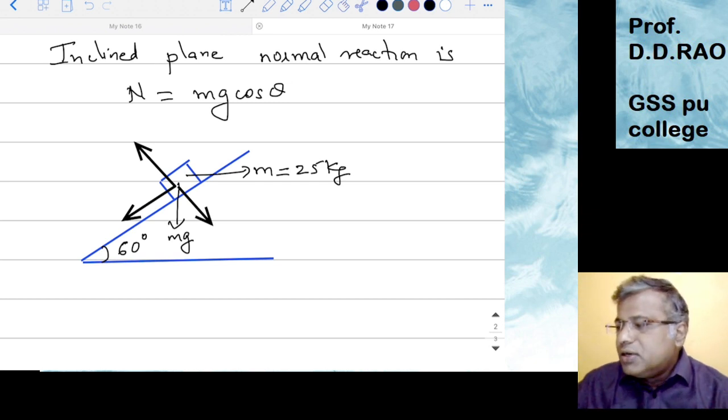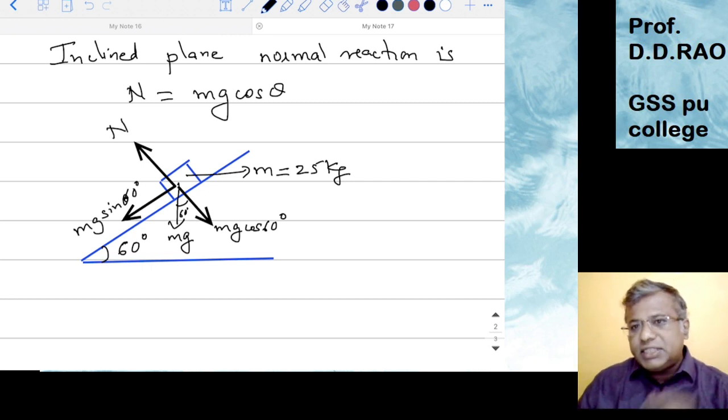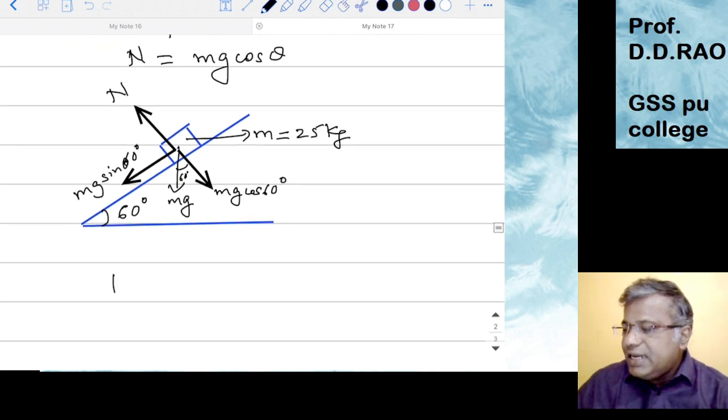Now this angle also is 60 degrees. So you have mg cos 60 degrees here, mg sin 60 degrees here, and the normal reaction is N, which is in the upward direction. So the normal reaction in an inclined plane will be mg cos of 60 degrees.